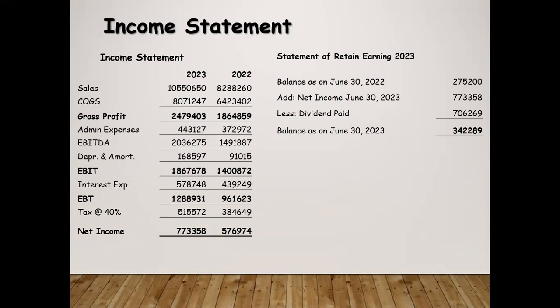Thereafter, we have the income statement. In the income statement, first of all, we have sales, thereafter cost of goods sold. The difference between the sales and cost of goods sold gives us gross profit. Thereafter, admin expenses or operating expenses.